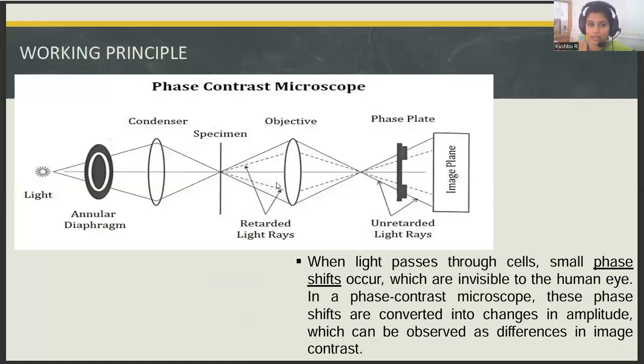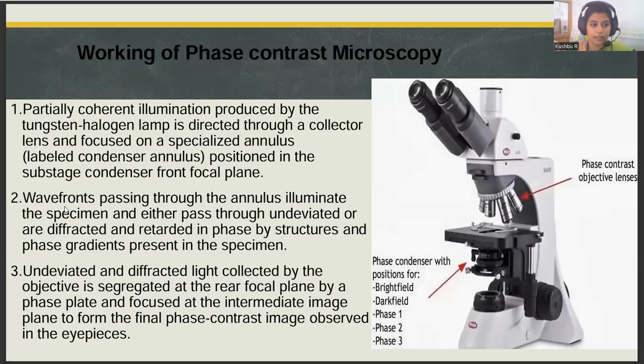This is what we were discussing, where we have a tungsten halogen lamp that produces the light that hits the diaphragm, and then it is given to the condenser. Then the wave front passing through the annulus illuminates the specimen, which means now the light hits the specimen.